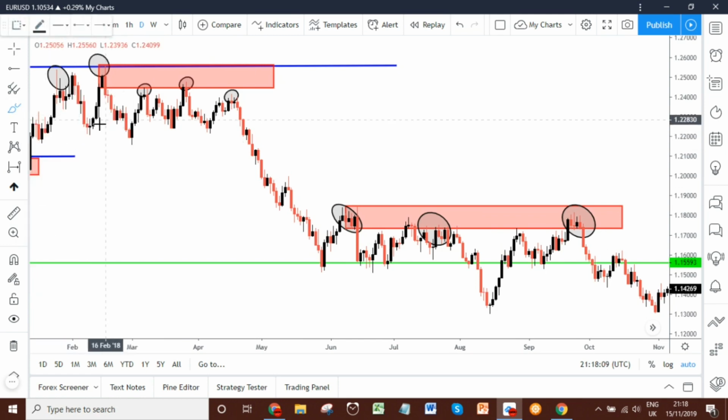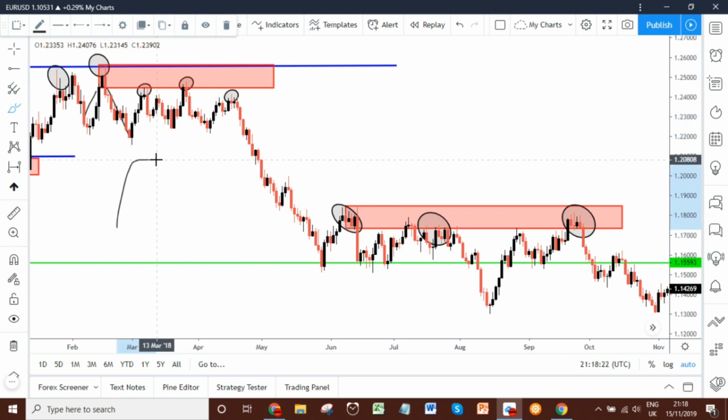Yeah, it would always be at a rally, base, and drop, right? It would always be rally, base, and drop. My initial position would never be at a rally, base, and a rally. Never.